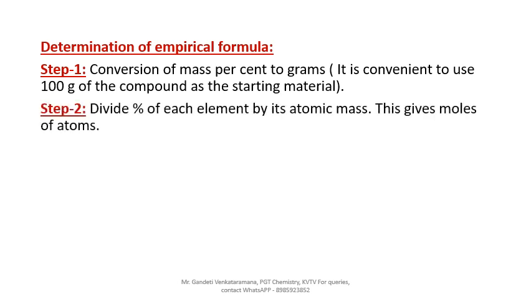Step 2: divide the percentage of each element by its atomic mass. Be careful at this step. Here the percentage should be taken as grams. As mentioned in step 1, conversion of mass percent to grams, the percentage of each element becomes grams.